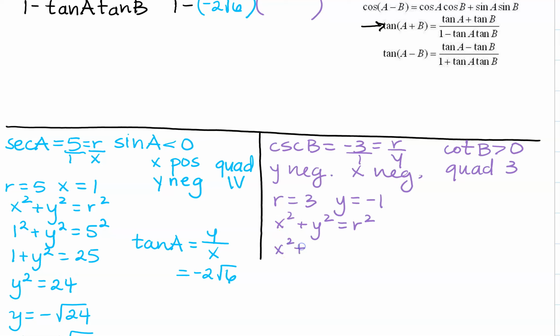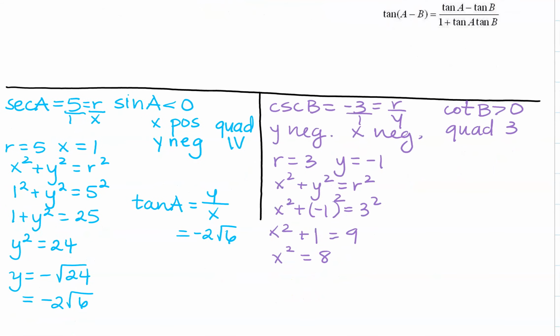So we have x squared plus negative 1 squared is equal to 3 squared. So x squared plus 1 is equal to 9. And so x squared is equal to 8. And so x is equal to the negative square root of 8, since x is negative, which simplifies to negative 2 root 2.